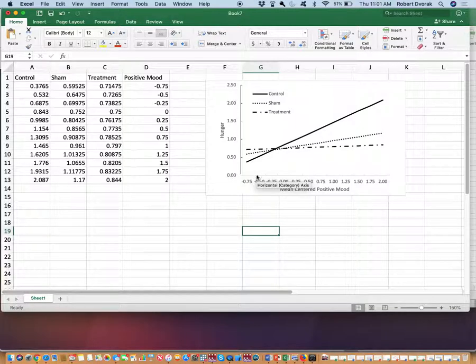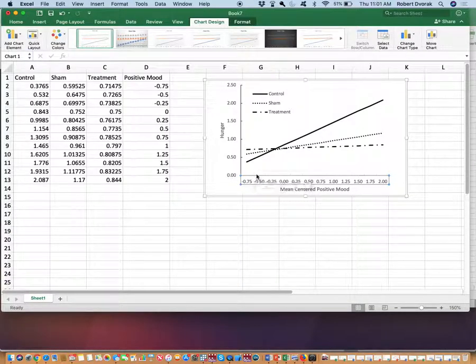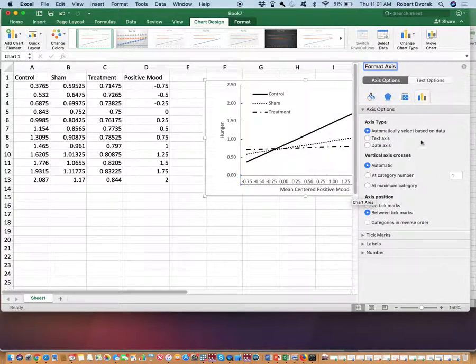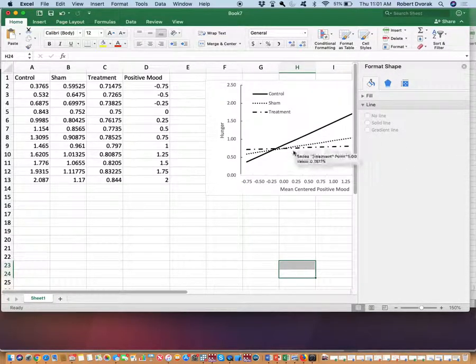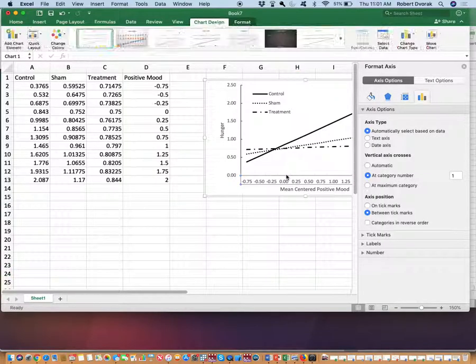Although this line is bugging me now. Why is that line? What is going on with that line? Oh. At category 0. Vertical.